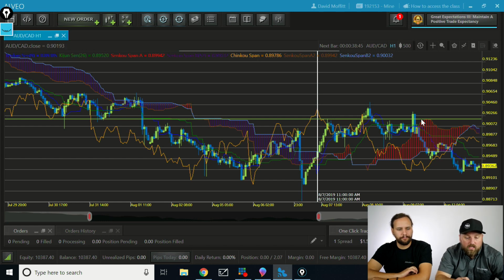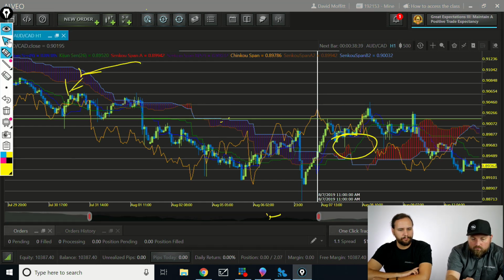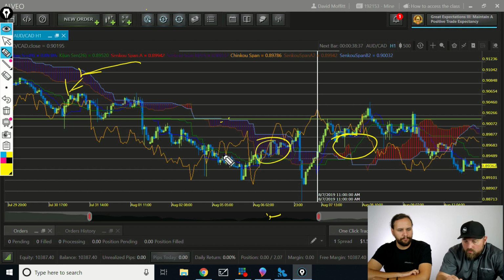If you only have two takeaways, never trade inside the cloud, when the price is here, and right here. And also never trade when these lines cross over: the long-term line, or the lagging span line of 26 periods, which is your green line.